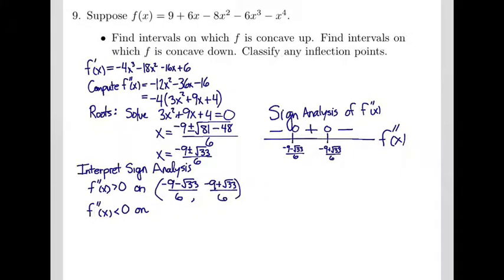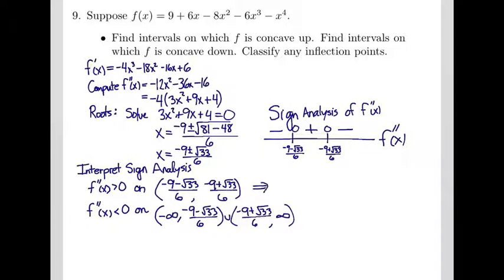Meanwhile, the second derivative is negative on two intervals, which we write as a union, negative infinity to negative 9 minus root 33 over 6, union negative 9 plus root 33 over 6 to positive infinity.